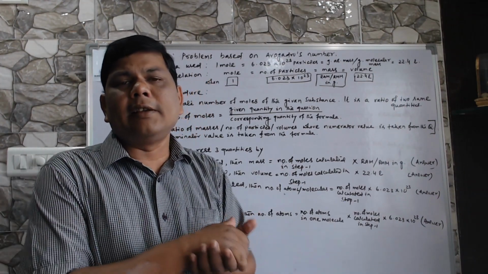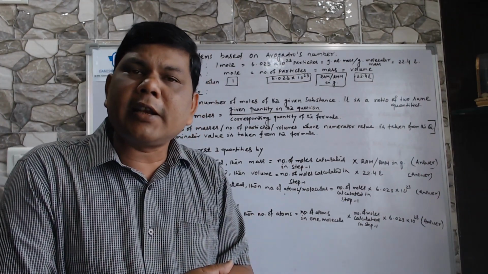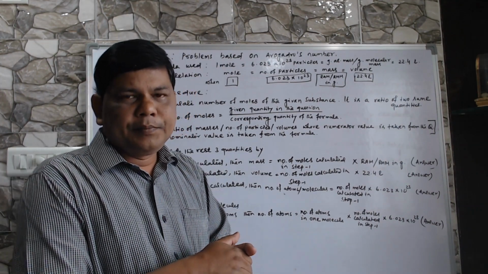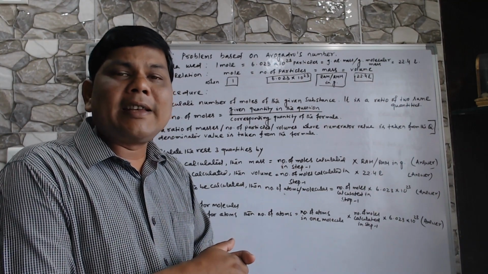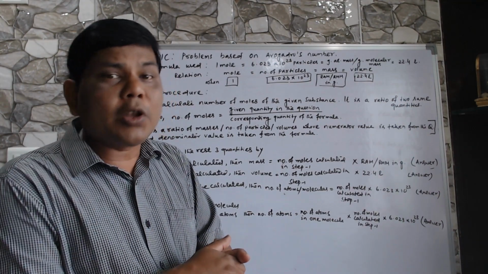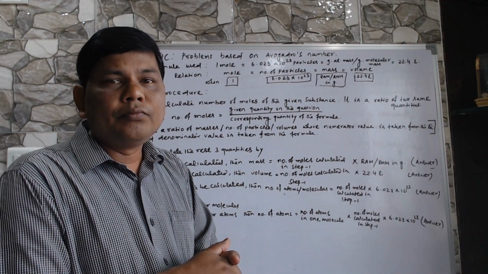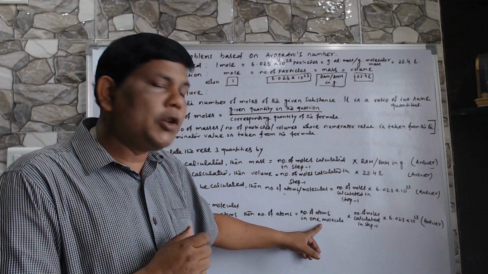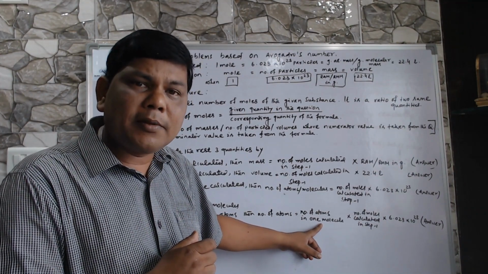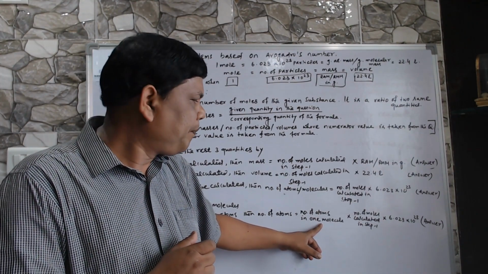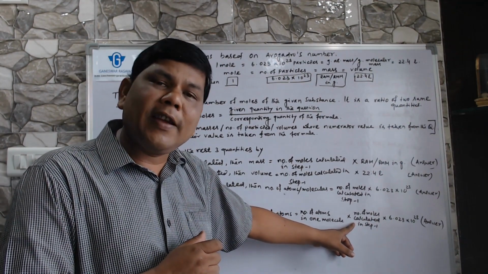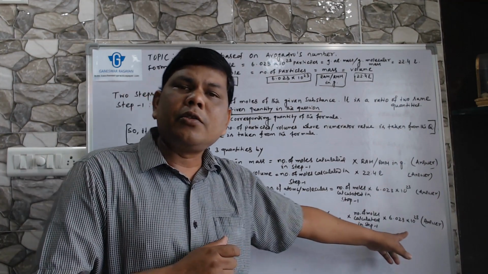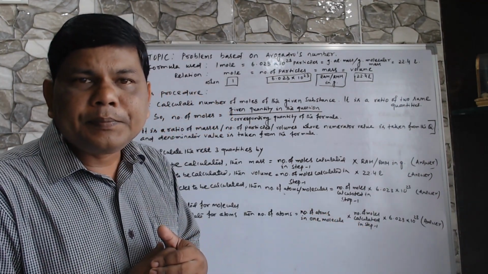Let's say it is asked the number of hydrogen atoms in 0.25 moles of sulfuric acid. The number of hydrogen atoms in one sulfuric acid molecule is 2. Number of moles given is 0.25. So the answer is 2 into 0.25 into Avogadro number.